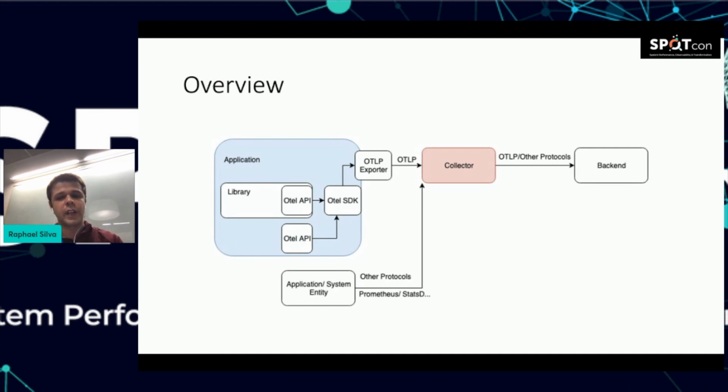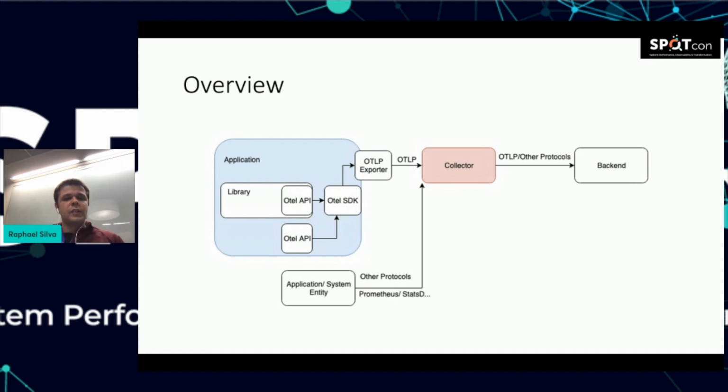So the collector is kind of a point of convergence and kind of a compatibility layer between legacy and new applications. So that's why we have here in this diagram some legacy applications that can be talking other protocols, and the collector will also be able to process signals using other protocols.